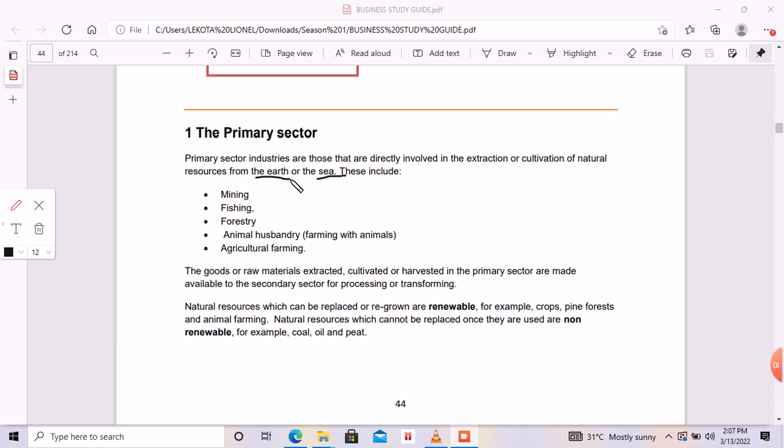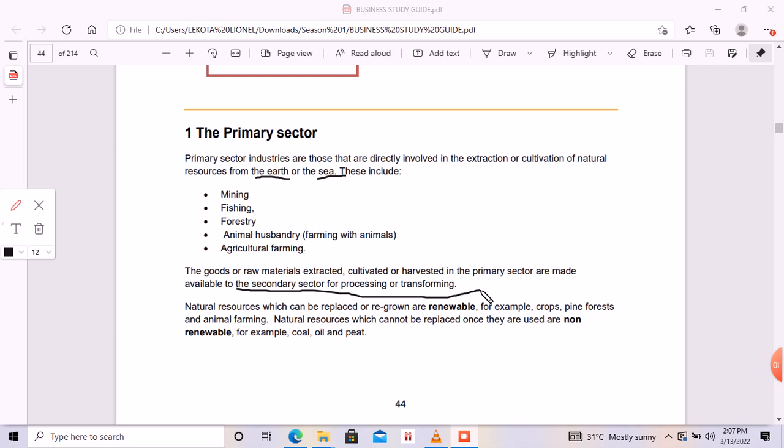The goods or raw materials extracted, cultivated or harvested in the primary sector are made available to the secondary sector for processing or transformation. So all the raw materials in the primary sector are moved into the secondary sector to be transformed into final goods or semi-finished goods.